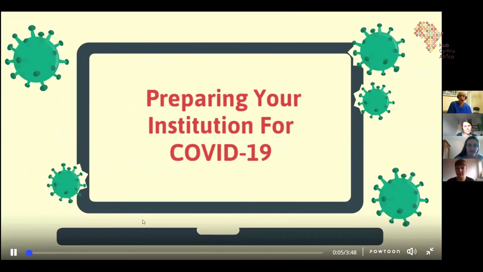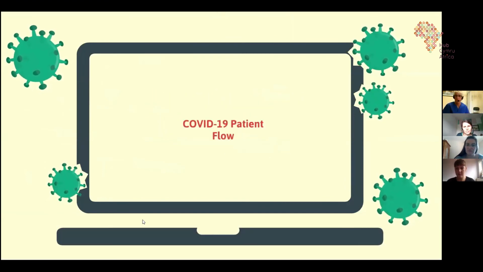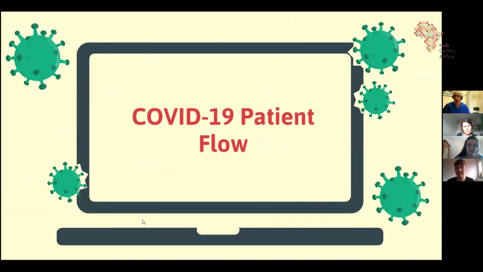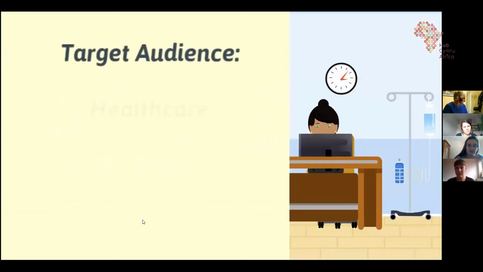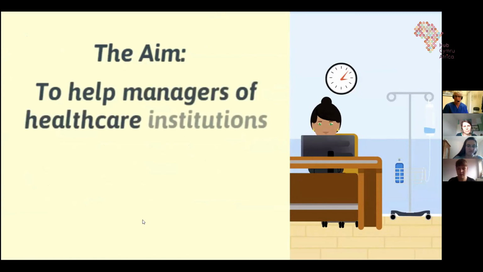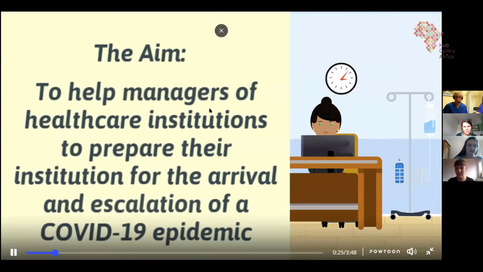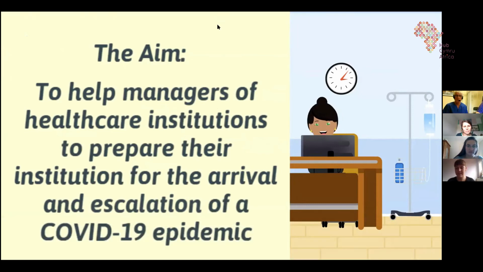Preparing your institution for COVID-19. Part 1 of 3. COVID-19 patient flow. Target audience: healthcare managers and senior clinical staff in lower and middle income countries. The aim of this video is to help managers of healthcare institutions prepare their institution for the arrival and escalation of the COVID-19 epidemic.